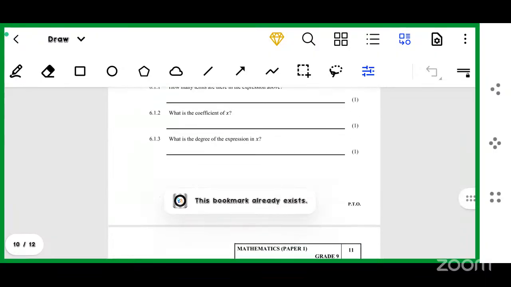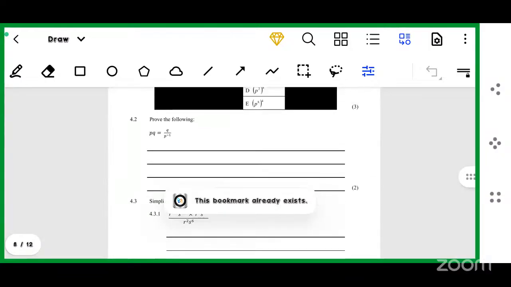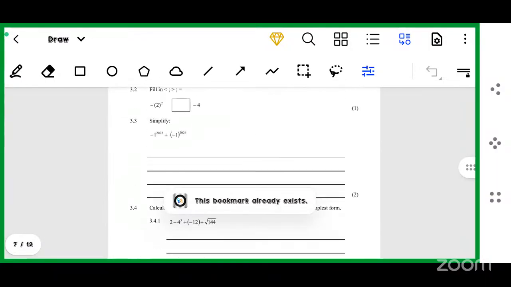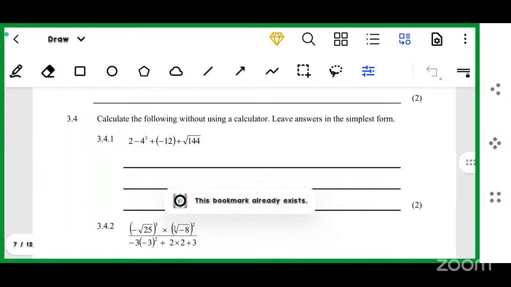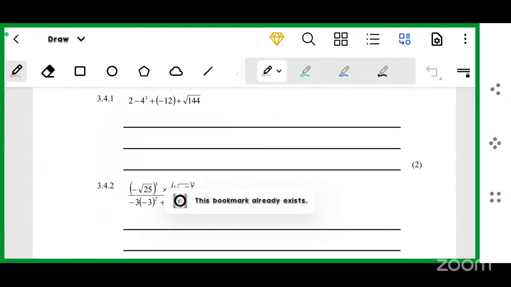And I don't see the paper that I added. All right, how did we do it? There we go. Can you hear me?